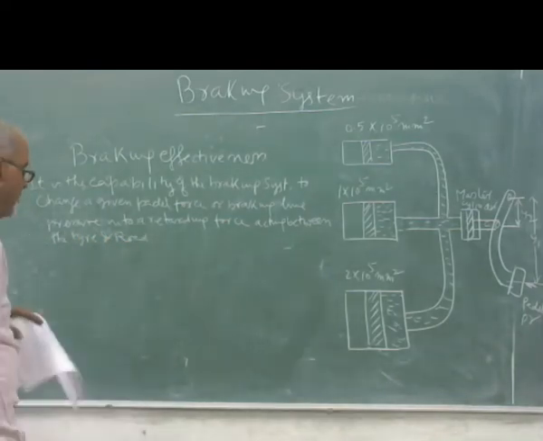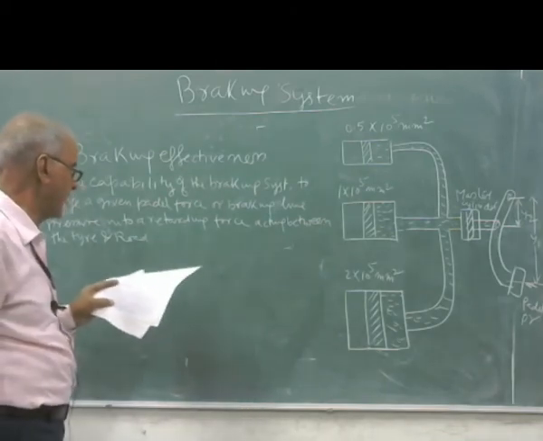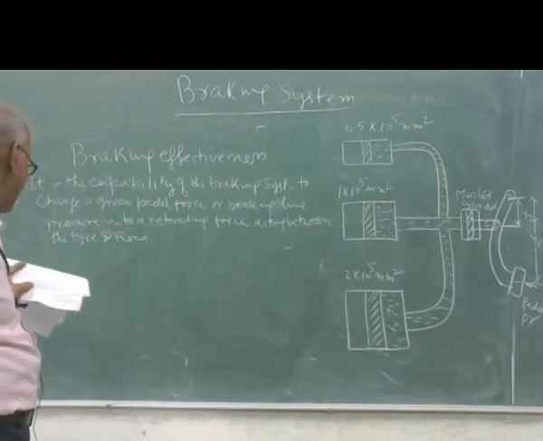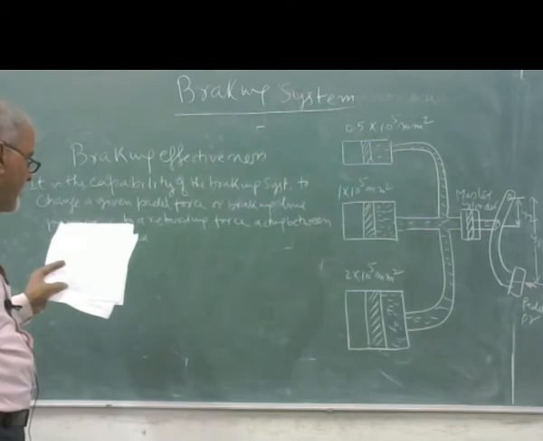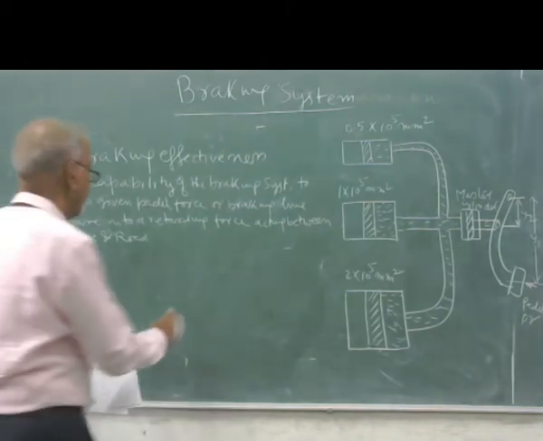So what is braking effectiveness? It is the capacity of the braking system to change a given pedal force or braking line pressure into a retarding force acting between the tire and road.